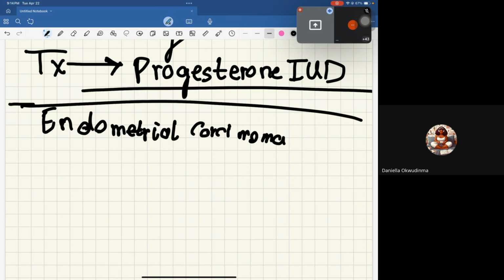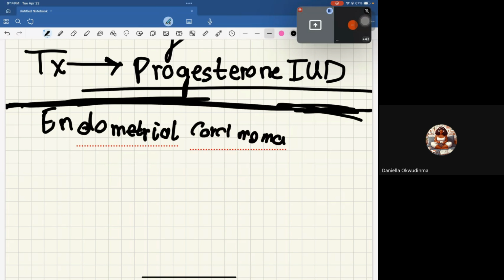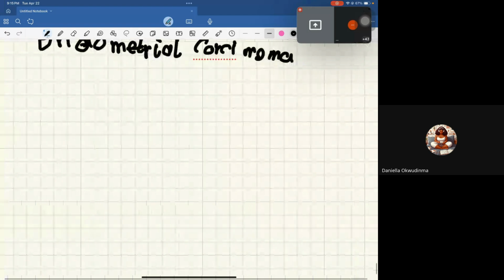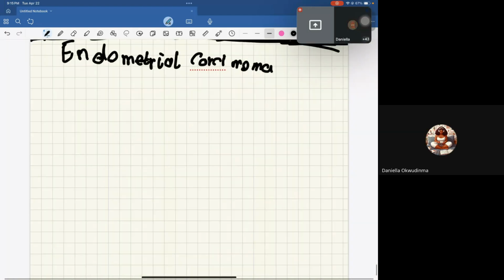Okay, so one more thing, guys. I already told you during the embryology section, this is a thing that needs to be in your concept. What is the hormone that maintains the pregnancy? Yes. Progesterone.